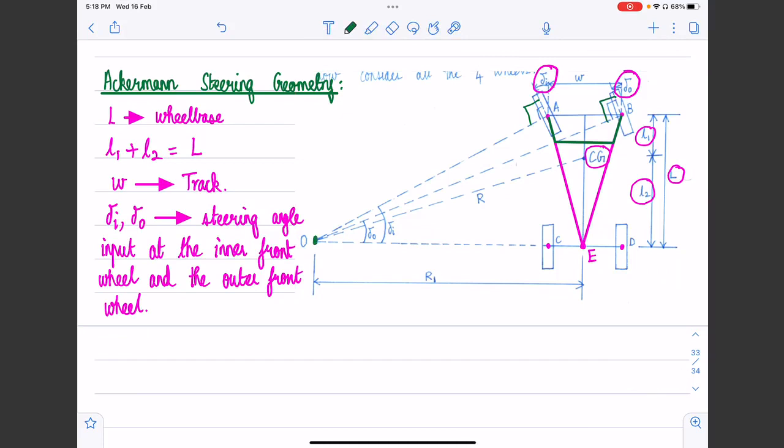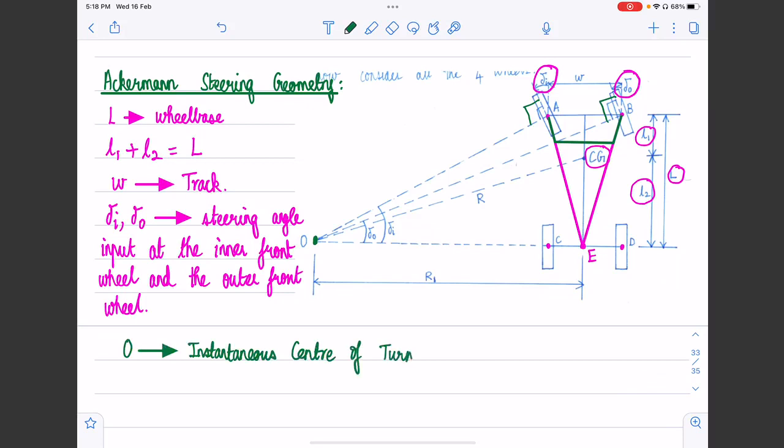This point O is what is called the instantaneous center of turn.